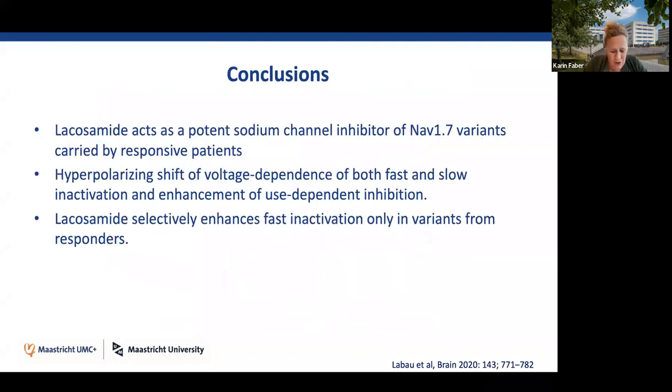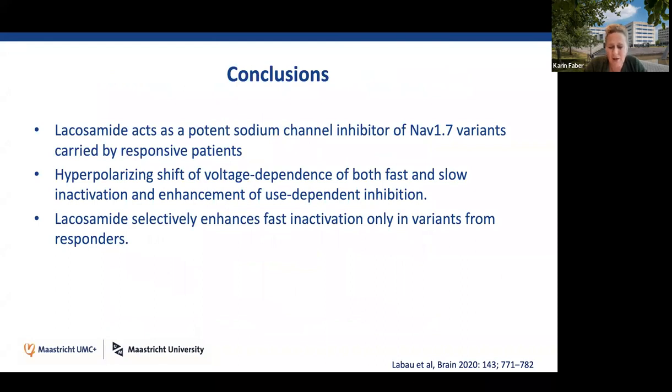So in conclusion, we can say that lacosamide acts as a potent sodium channel inhibitor of NaV1.7 variants carried by responsive patients: a hyperpolarizing shift of voltage dependence of both fast and slow inactivation and enhancement of use-dependent inhibition.